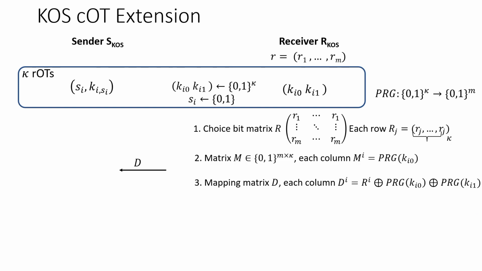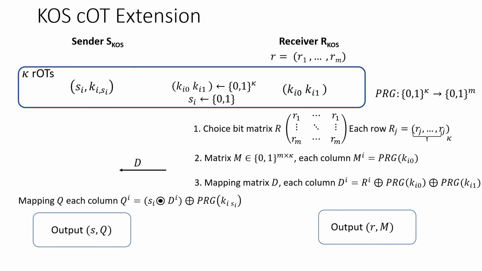This matrix D is sent over to the sender of the extension protocol, and given this, the sender can compute a matrix Q such that each column vector of this matrix Q is given by, so this is component-wise multiplication here, the choice bit component-wise multiplied with the ith column of D XORed with the PRG applied on the secret that it obtained as the receiver in the base OT protocol.